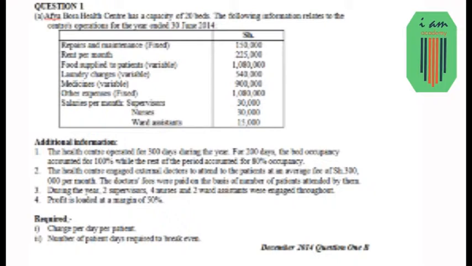The doctors' fees were paid on the basis of the number of patients attended by them. Number 3, during the year, 2 supervisors, 4 nurses, and 2 ward assistants were engaged throughout.